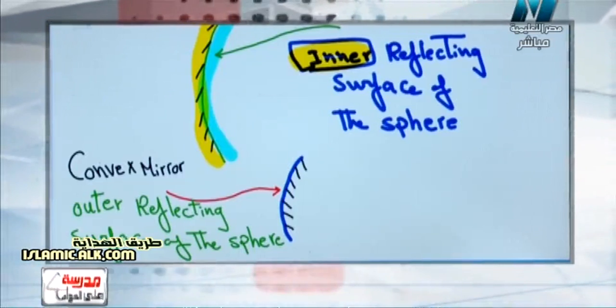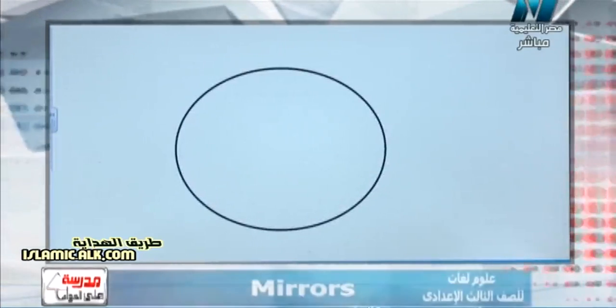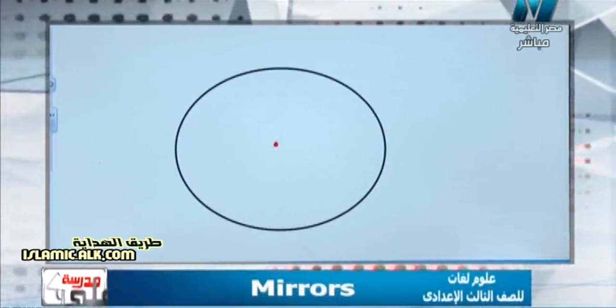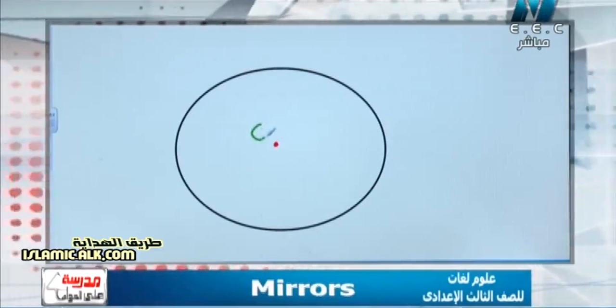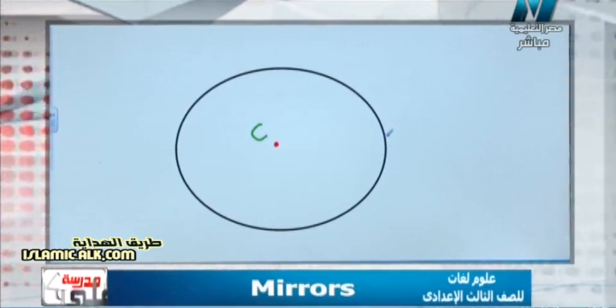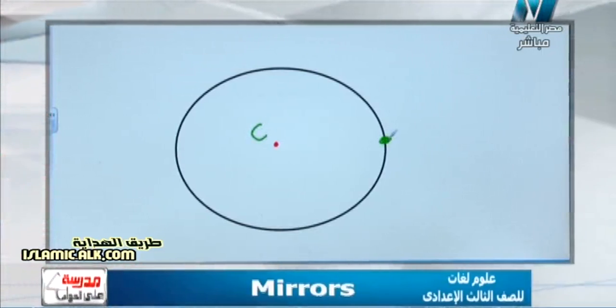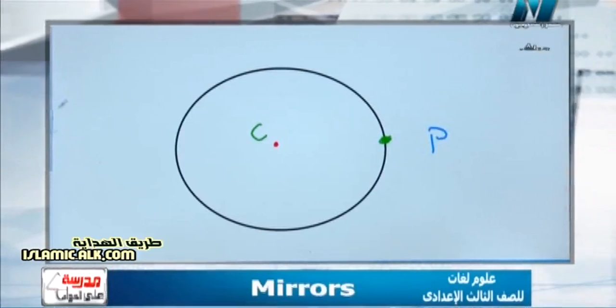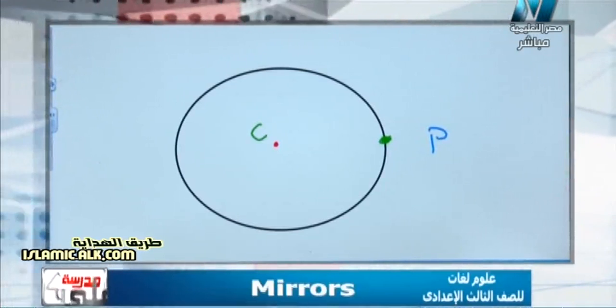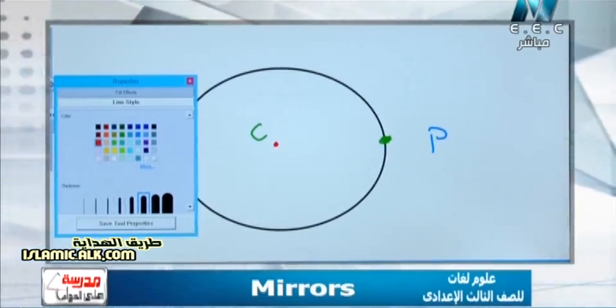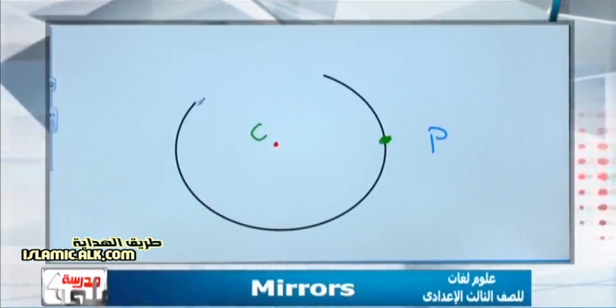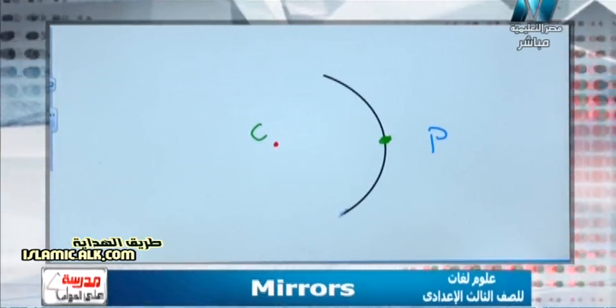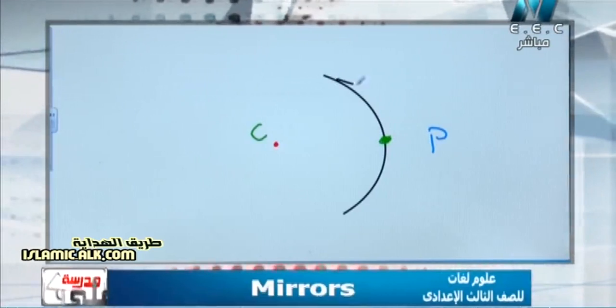Let's see how we will work on them. We draw a sphere, like a ball. With 2D we have here a point. This point is called C, and at the same time here we have a point in front of C. This point is called P. So we have P and we have C. If we have to mention the definition of C and P, we remove the rest because we have to talk about the spherical mirror as a part of the whole sphere, and here we have the shaded area as the outer part.